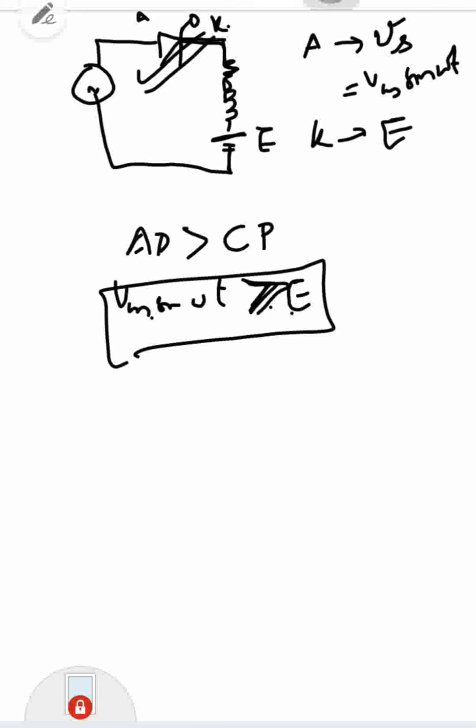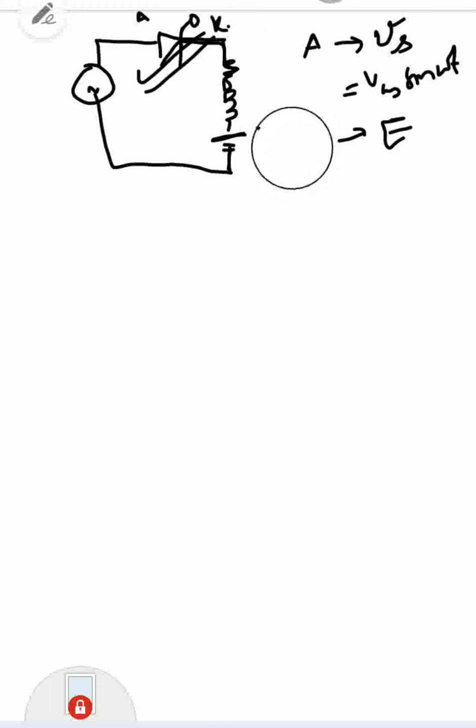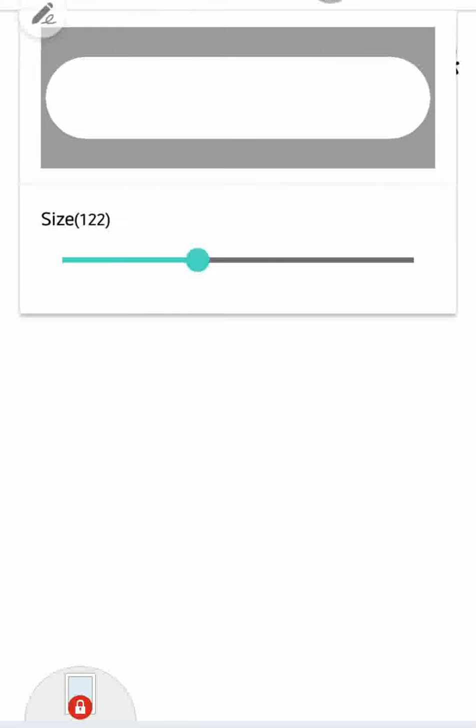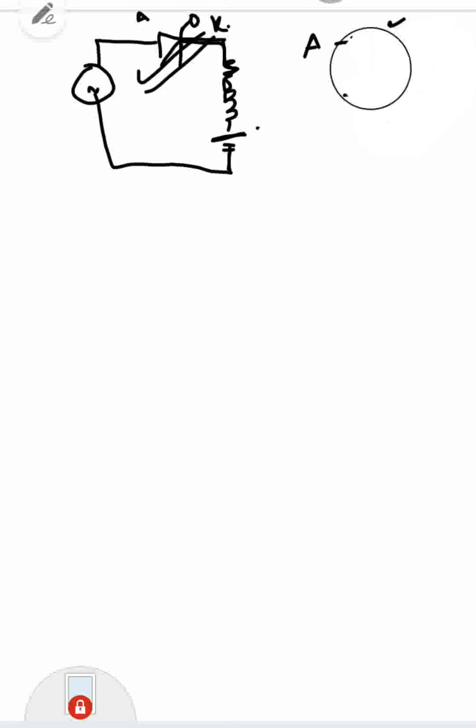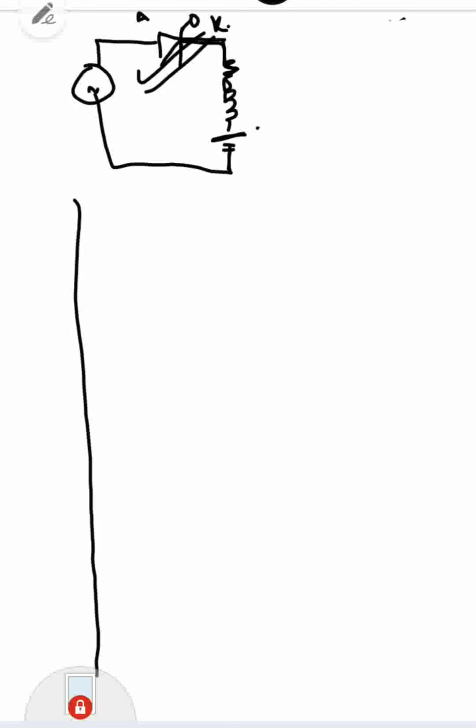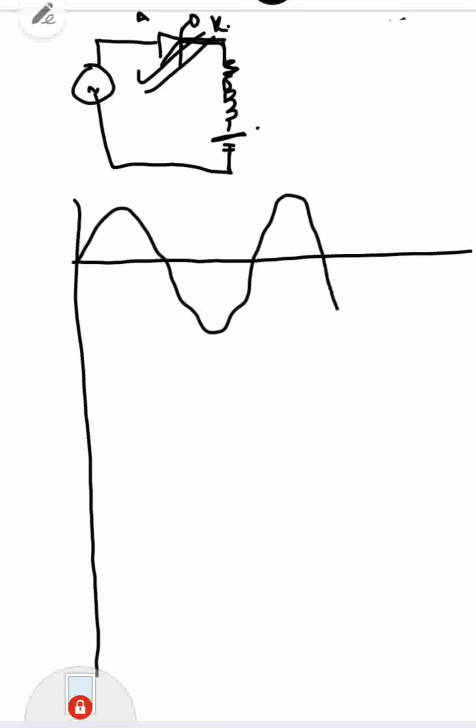Based on that we can draw the graphs. First let me draw the source voltage, Vm sin omega t, with pi, 2 pi, 3 pi and 4 pi.